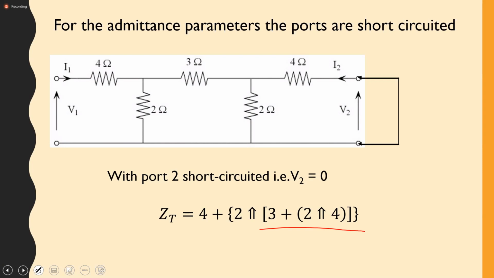And we are looking for the admittance parameter. In finding the admittance, again, we want the relationship between I1 and V1. If we can find the total impedance, then we know that Y11 would be equal to 1 over ZT.